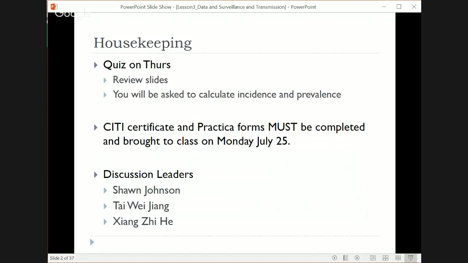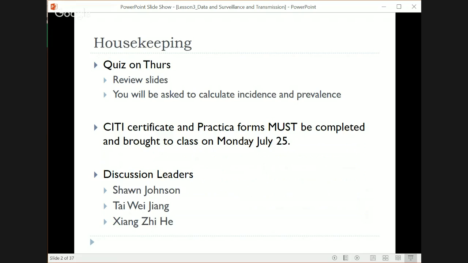Before we get started, just a housekeeping reminder, you do have a quiz tomorrow. In order to prepare for your quiz, I would recommend reviewing the slides. You are going to be asked to calculate incidence and prevalence, and again, the quiz won't cover content, it will cover concepts.